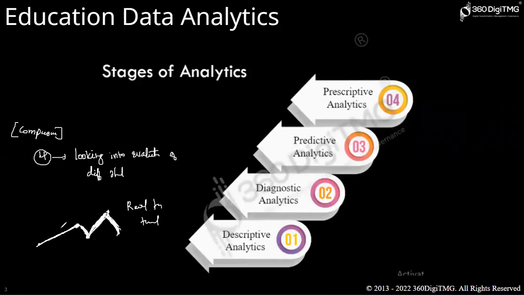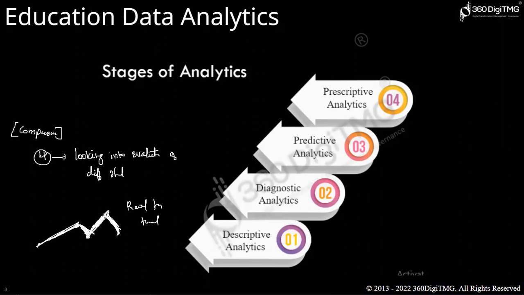So the first question that we ask is, what practically happened in the data? There is a rise in the data, there is a fall in the data. These are the different factors that we are going to consider.